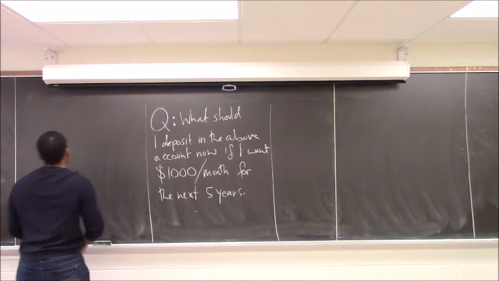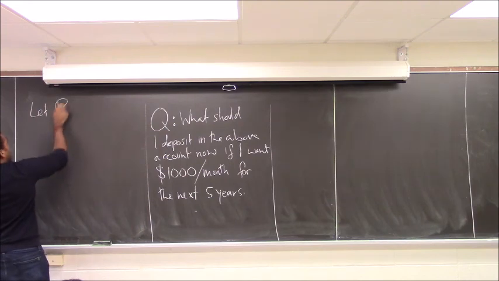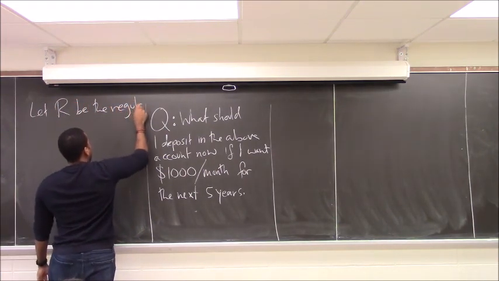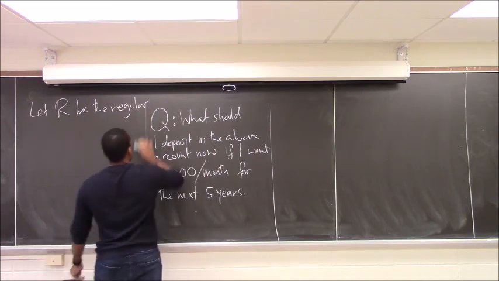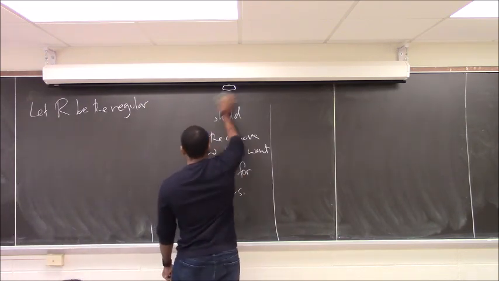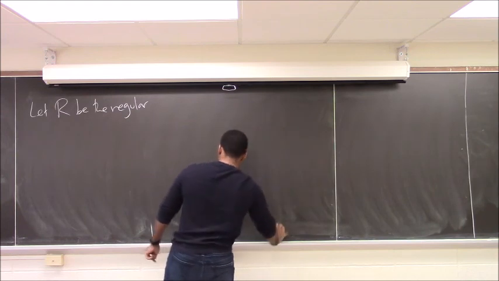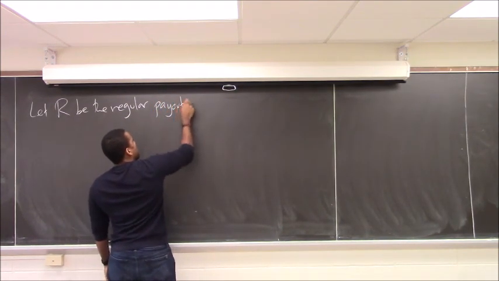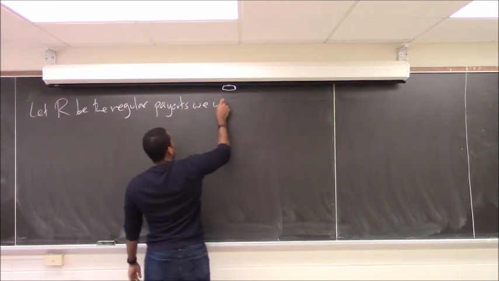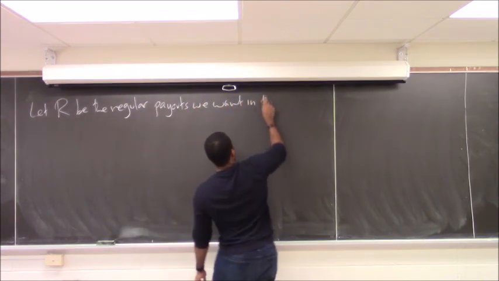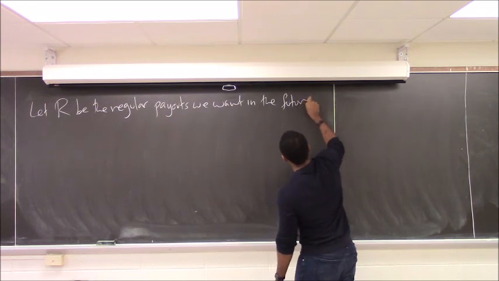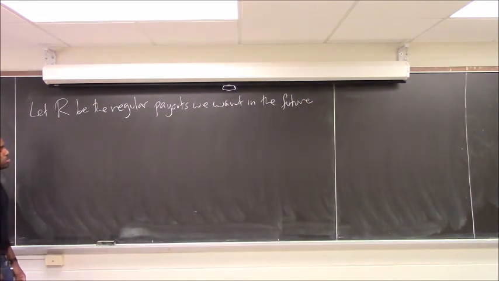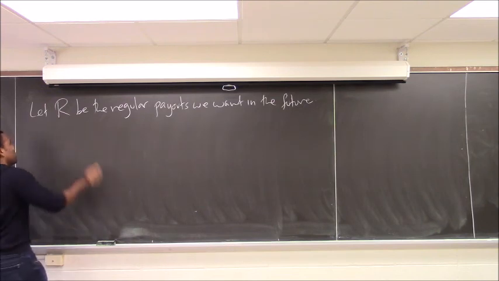So here's what we're going to do. Let R be the regular payouts we want in the future. This is going to be very similar to deriving the sinking fund formula.